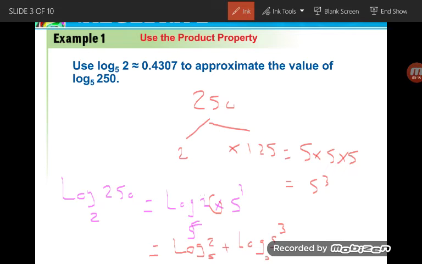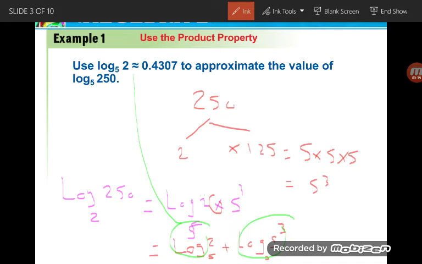Okay, log 2 base 5, from the given information in the example, is equal to 0.4307. And for log 5 to the power of 3 for base 5, you can use the properties of logarithms to multiply 3 by log 5 for base 5.